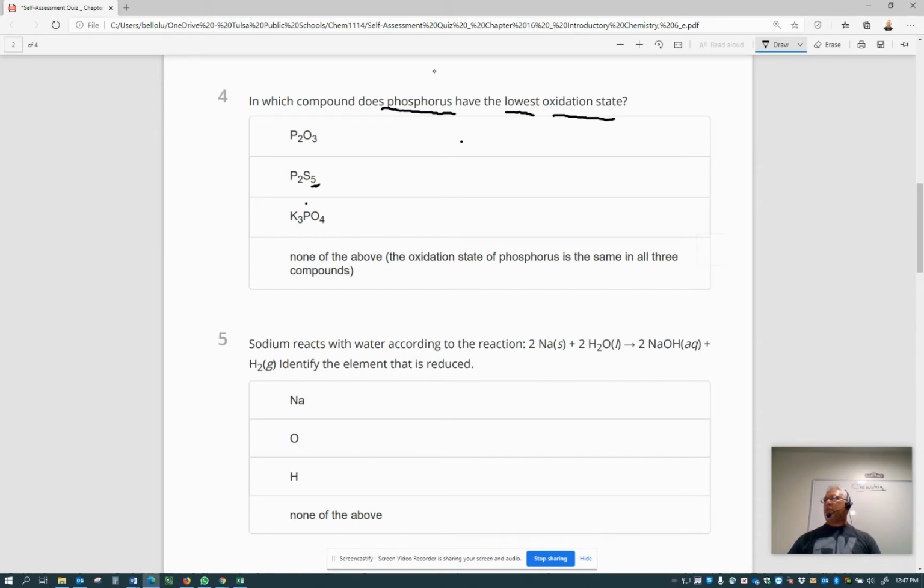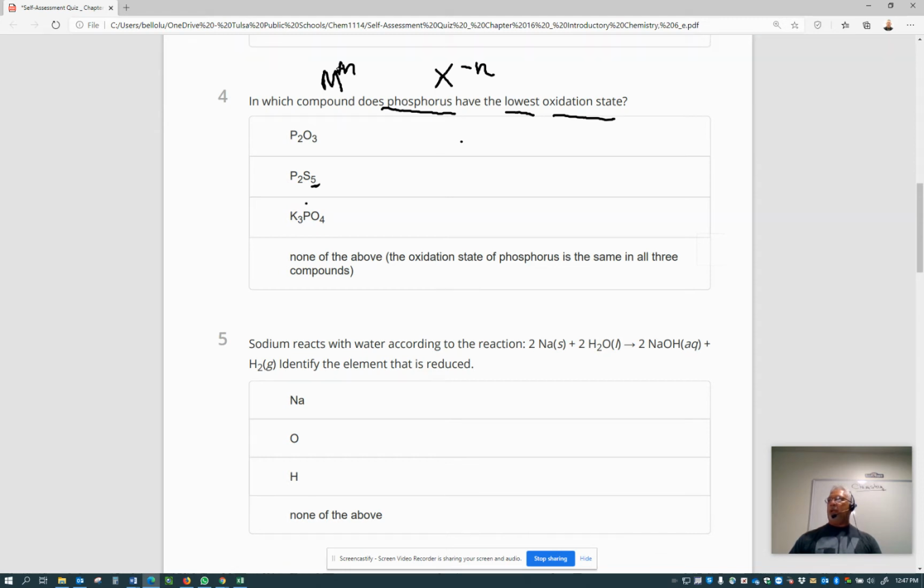Remember, the oxidation state is the charge that any nonmetal can have; we can represent a nonmetal as negative n, where n will be 1, 2, 3, 4, or any other number. And for a metal, we can represent the oxidation state as a positive n.